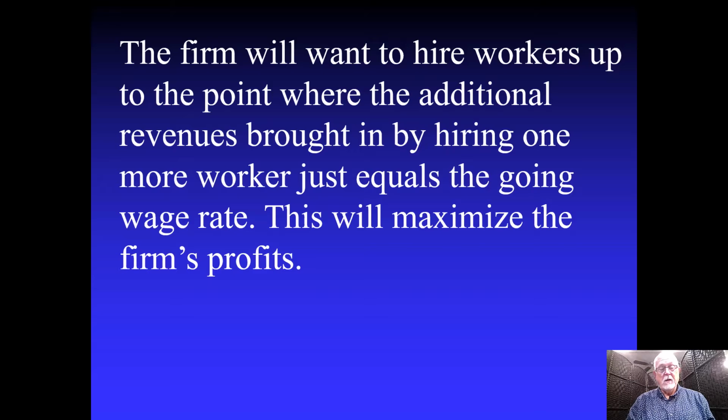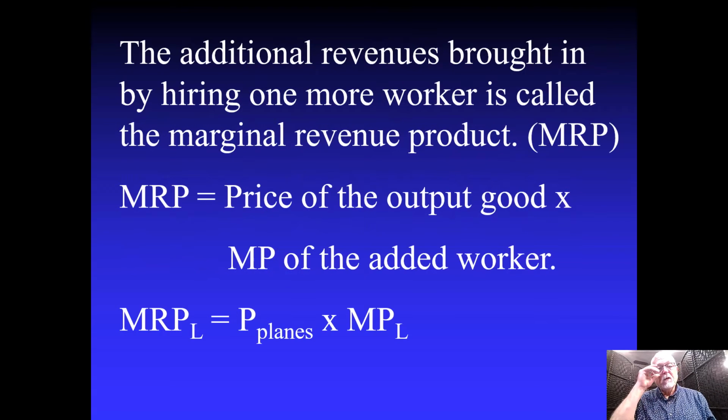How many workers do we want to hire in order to maximize our profits? Well, again, remember the demand for the workers is derived. So the actual demand, and we'll see that here graphically a little bit, for that worker would be called the marginal revenue product. The marginal revenue product is the price of the output good times the marginal product of that last added worker.